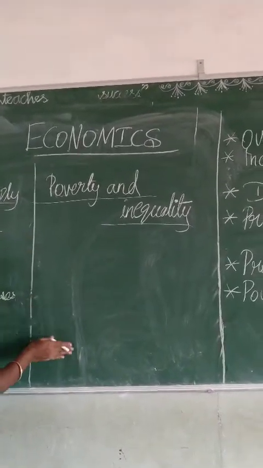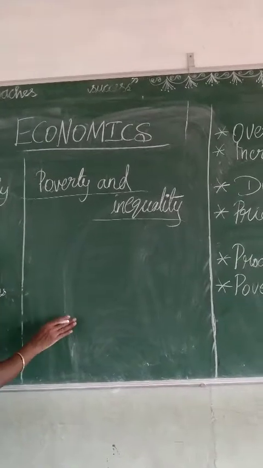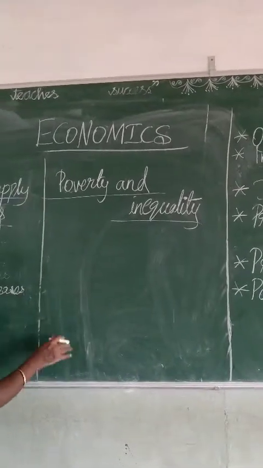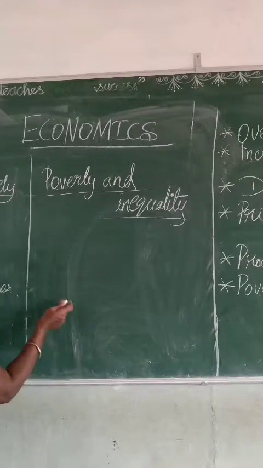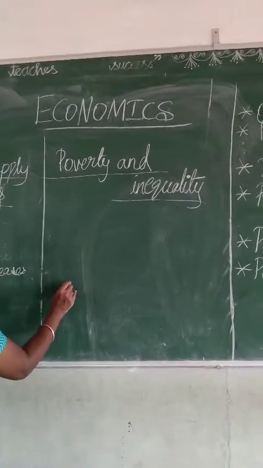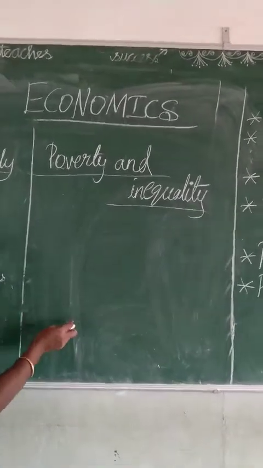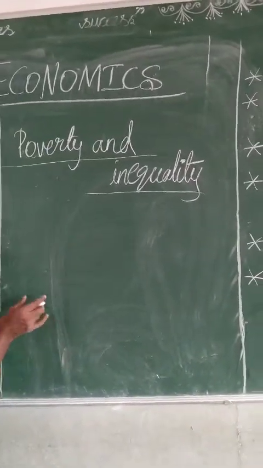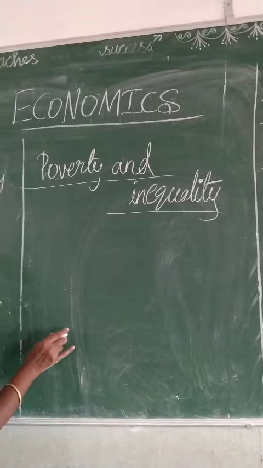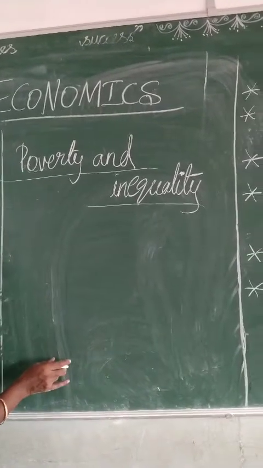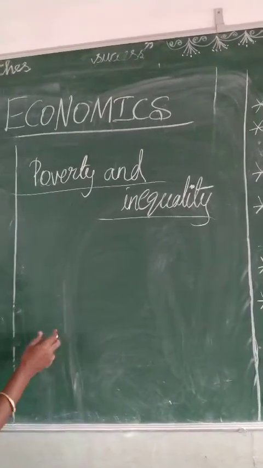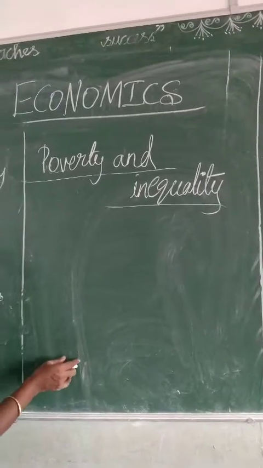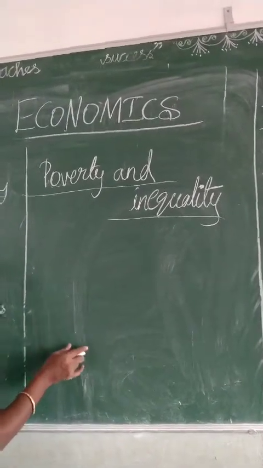Thus, the vicious circle is complete from the supply side. Next, the demand side. The demand side of the vicious circle is that low income leads to a low rate of investment and hence back to deficiency of capital, low productivity and low income.